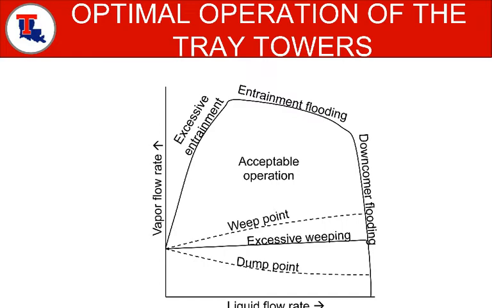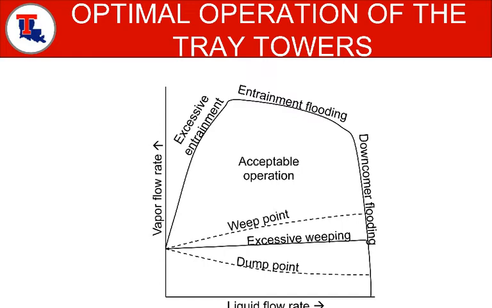The vapor flow rate starts dropping, then the liquid will start dripping through the plates, and that's called the weep point or the weeping. Excessive weeping starts, and then dumping. Dumping meaning it's just pouring like more than rain. When you start increasing, you start having entrainment.